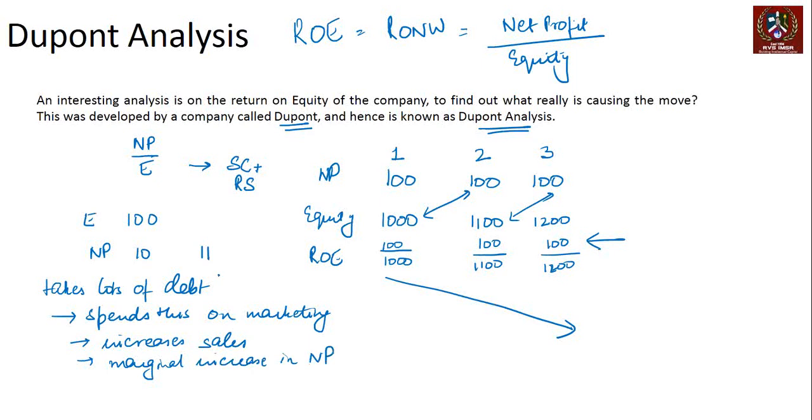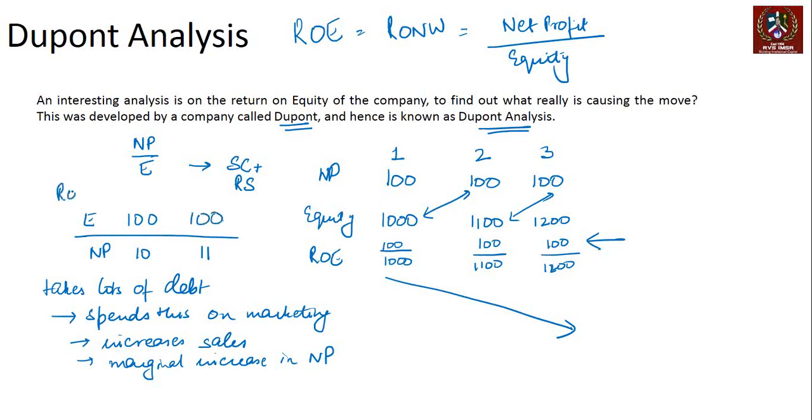So let's say net profit becomes 11. That's an increase of 10%. It's quite possible that sales may have gone up 40%, right? So take a lot of debt, spend all of it on marketing, increase the sales by whatever amount. Costs have gone up in terms of marketing cost and interest cost, but let's say the net profit has just increased marginally to 11. Has there been a change in equity? No.